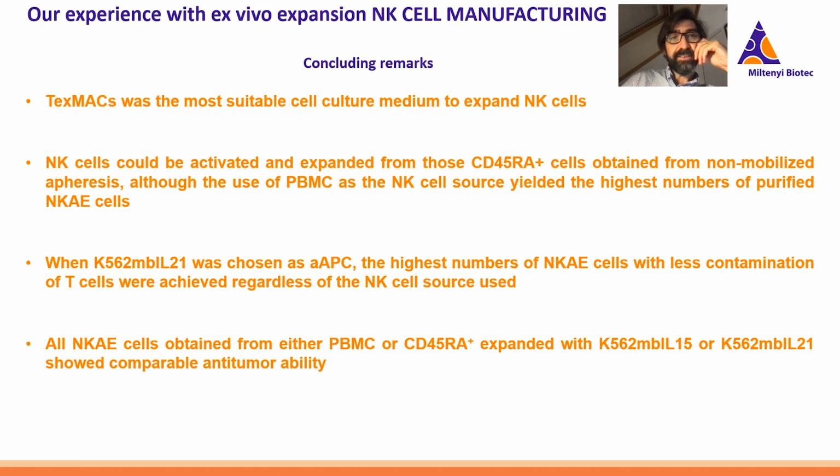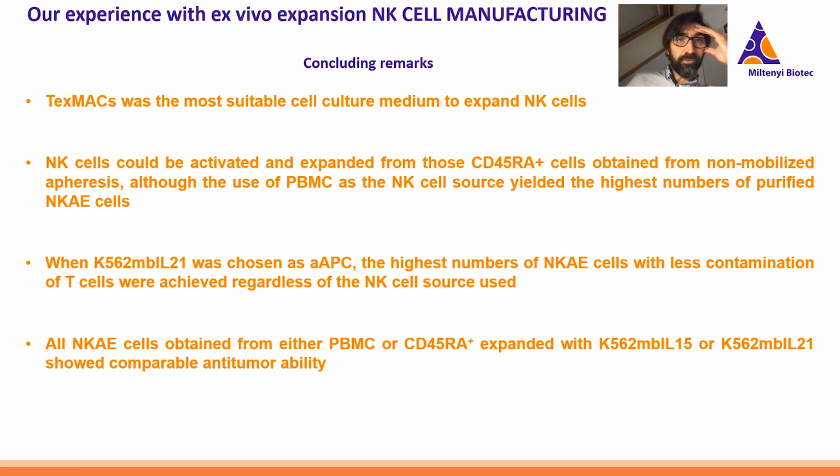When we use feeder cells, K562 mbIL21 is the preferred feeder because it gives a higher number of activation and less contamination of T cells, if we compare with the K562 mbIL15 feeder.